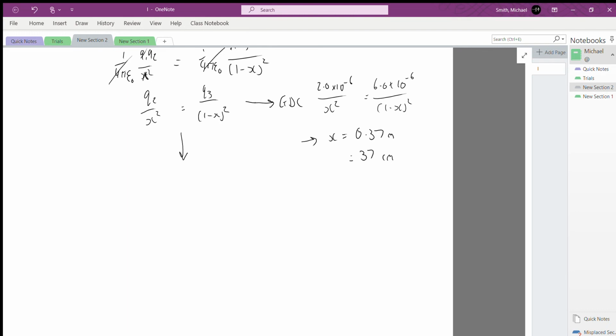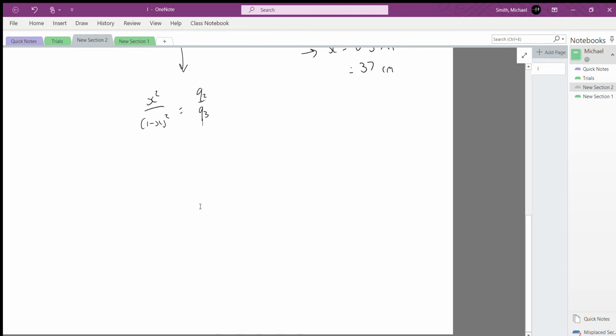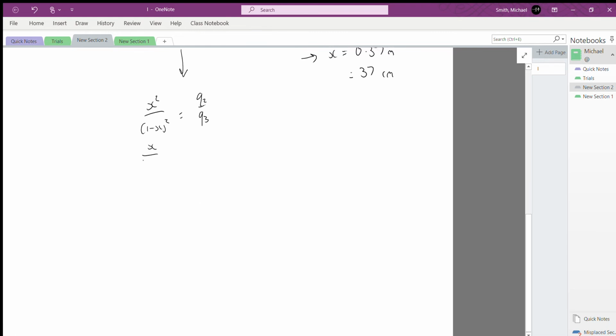So we get x squared on 1 take x squared equals Q2 over Q3.